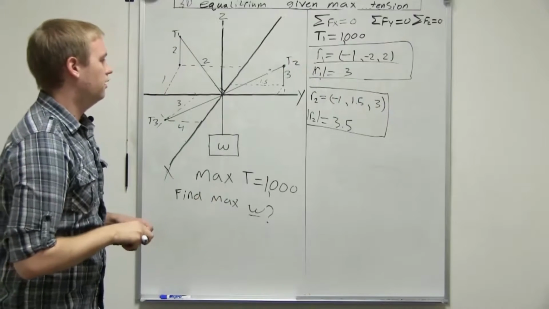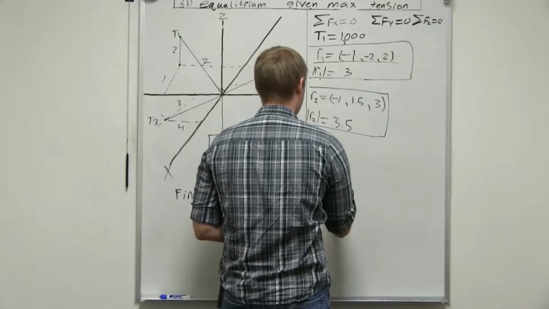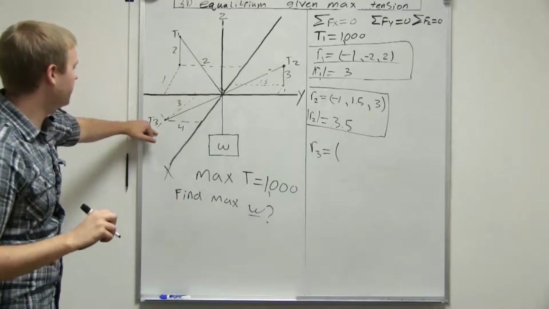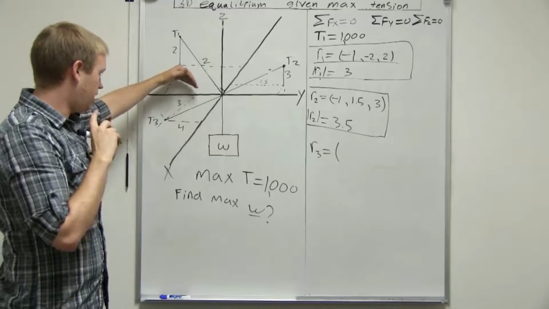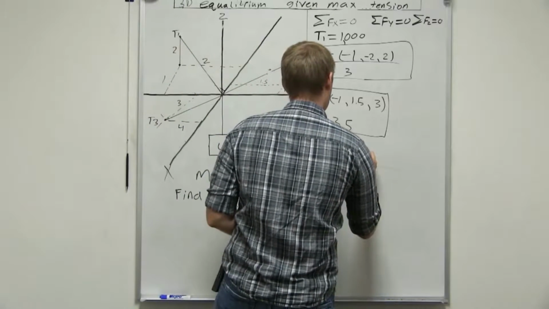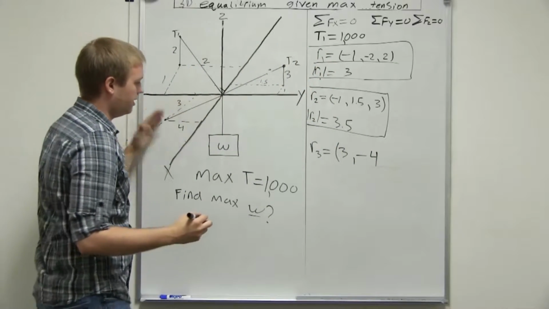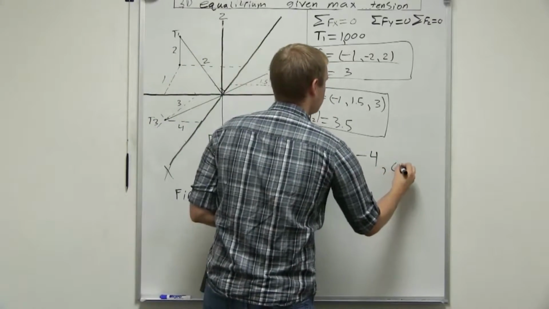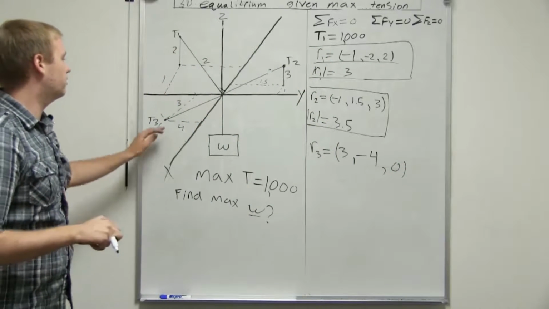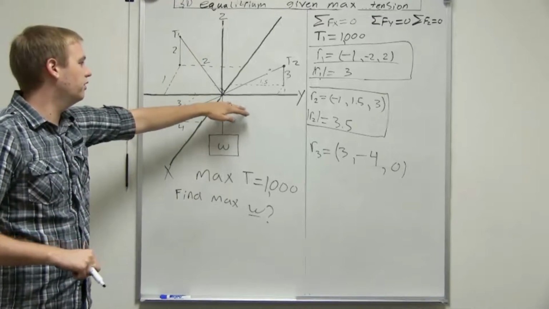Okay, so now we'll move on to the third one. T3 is over here. How far in the x? It goes 3. And it goes -4 in the y. And then it goes 0 in the z. And I know a lot of people like to just use final minus initial.